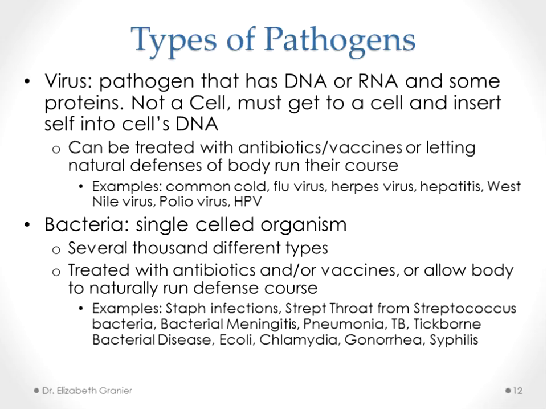Tuberculosis, it's a big bacteria that likes to tear away your lung tissue and make you cough up blood. Tick-borne bacterial disease like Lyme disease, E. coli, chlamydia, gonorrhea, syphilis. Syphilis is sometimes known as the French whore disease because it was common in French brothels back in the 17 and 1800s, right?